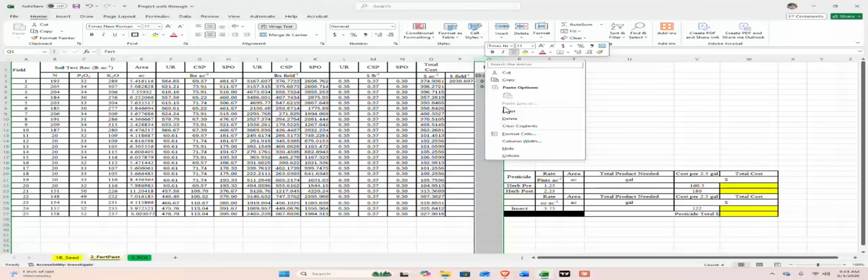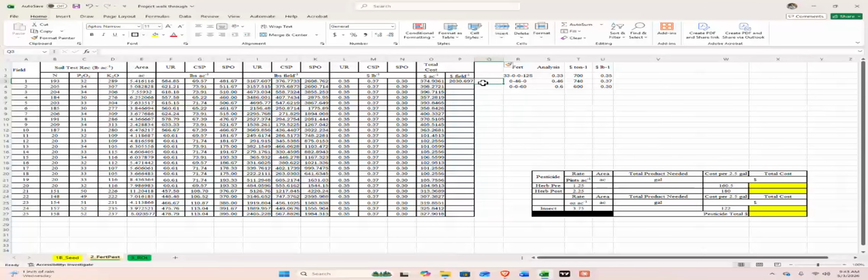I'm going to add one in here because I want to show you that if you wanted to, you could multiply the cost per acre times the number of acres. And they come out to be the same. So the math is the math.